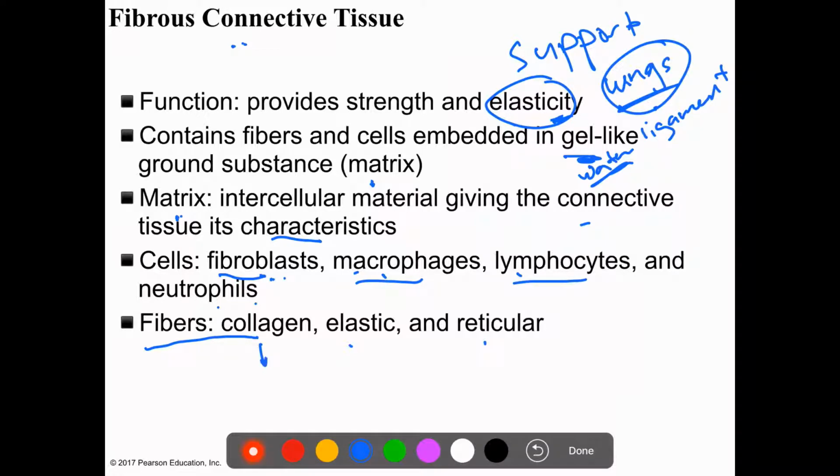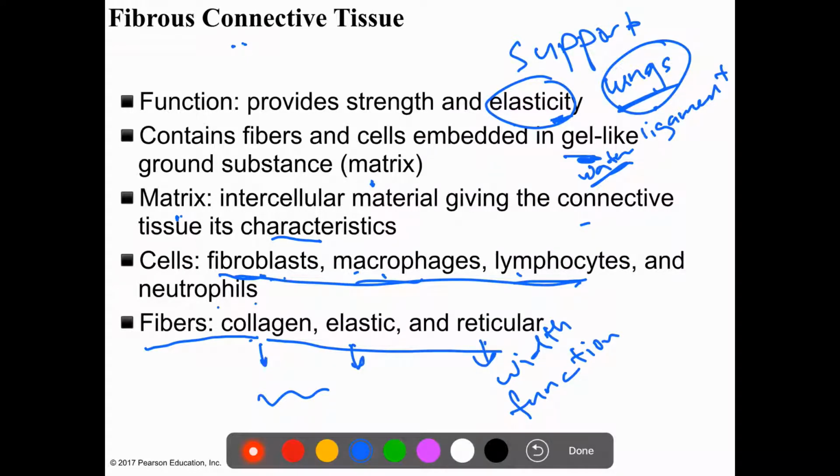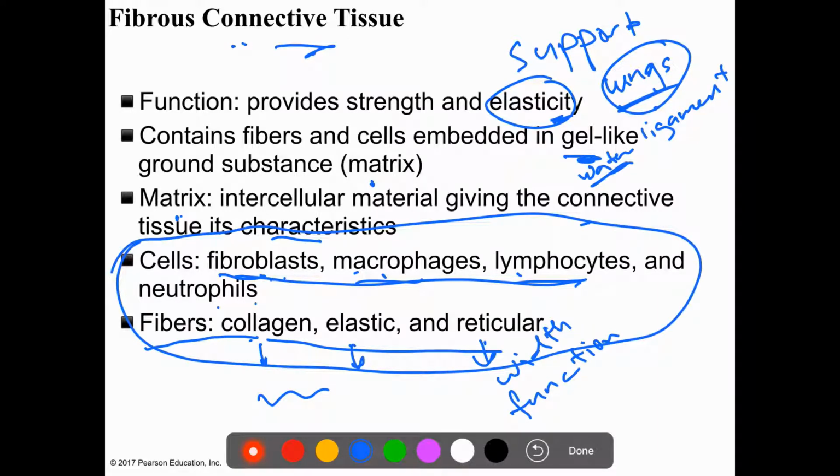Each one of these fibers is different in its width, for example, in its function, and its elasticity, its ability to stretch and recoil, and so on. Not necessarily all of these fibers and cells will be present in every connective tissue, but these are the most general types of cells and fibers that we frequently find in connective tissue.